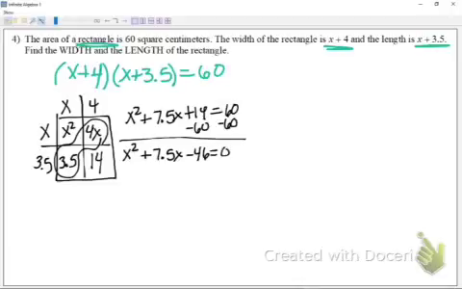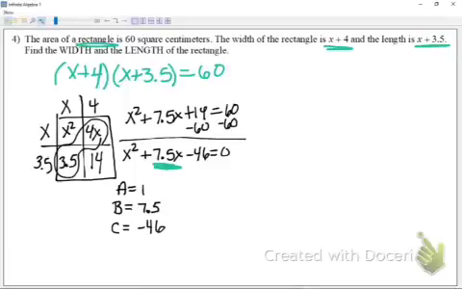Now, I don't know about you guys, but I am not wanting to factor a 7.5. So on this one, I'm going to go ahead and use the quadratic formula that we just got done learning about. So if you remember correctly, A equals 1, B equals 7.5, and C equals negative 46.